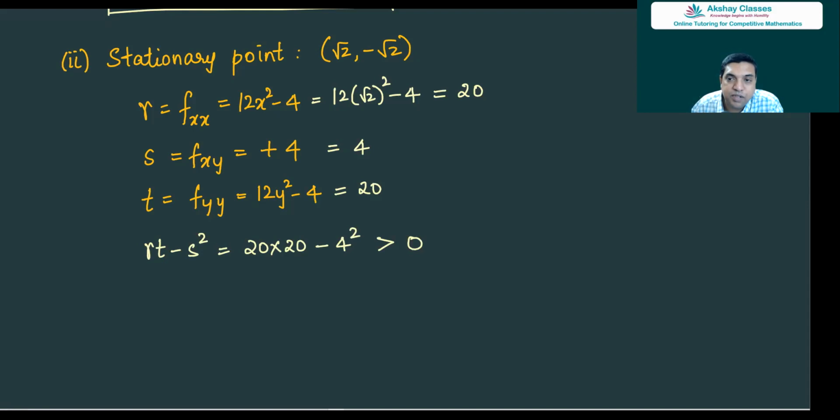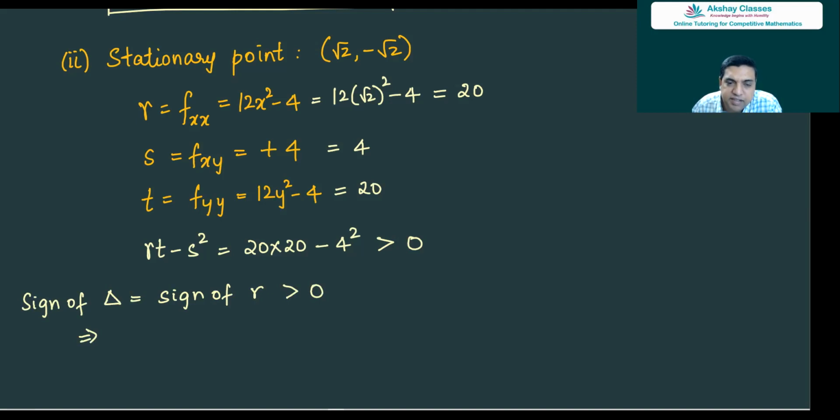So now the sign of delta is the same as the sign of R, which is greater than 0.